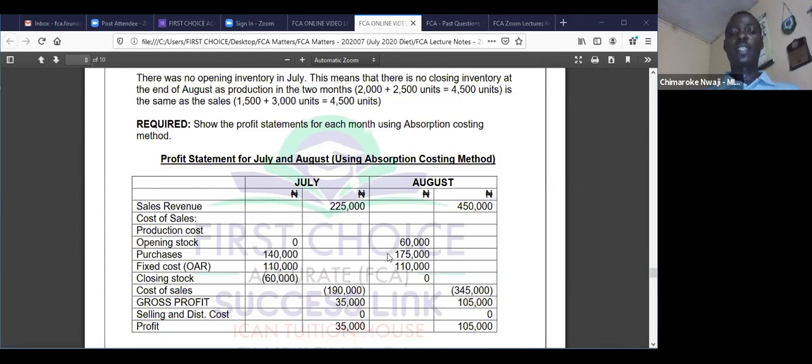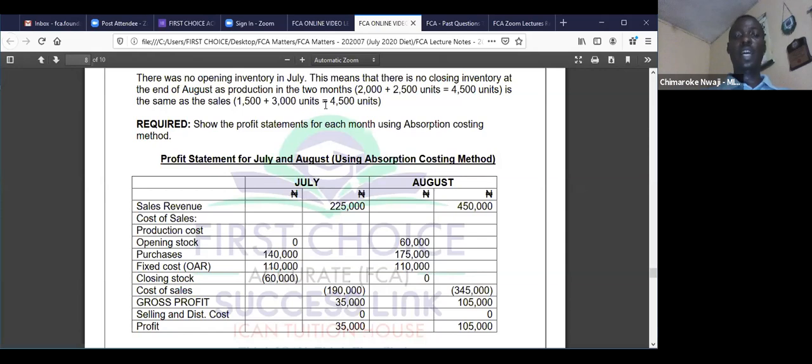That's fine. This 175 is as a result of the 2,500 we produced multiplied by 70 naira production overhead. That's the 175. Then your 110,000 keeps coming here.